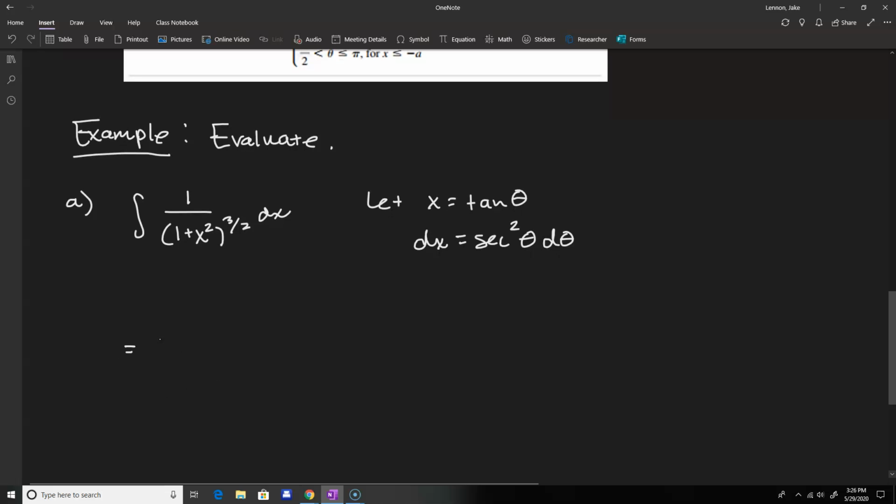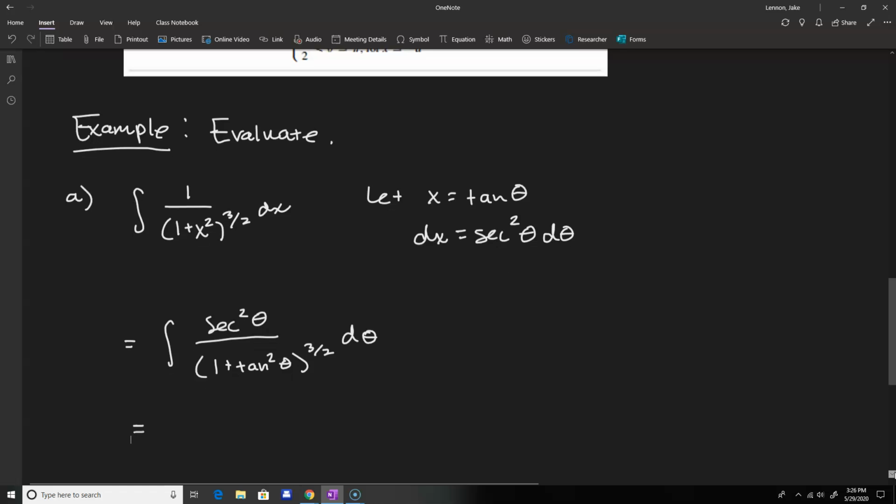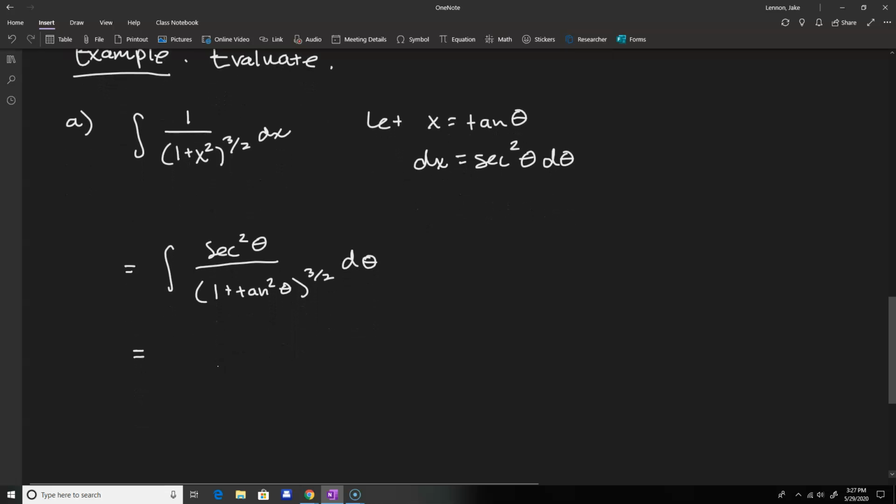So we're going to have the integral of secant squared theta, and on the bottom we're going to have 1 plus tangent squared theta to the 3 over 2, times d theta. And 1 plus tangent squared is going to become secant squared. And then when you have secant squared raised to the 3 over 2, it's going to become secant cubed.